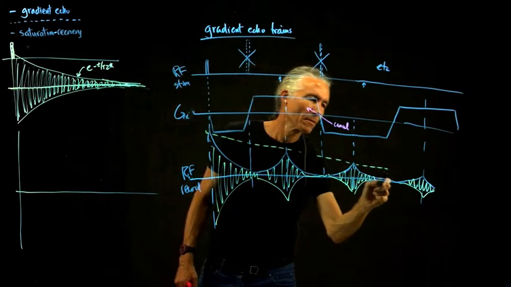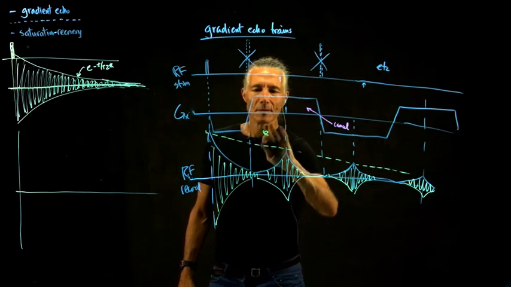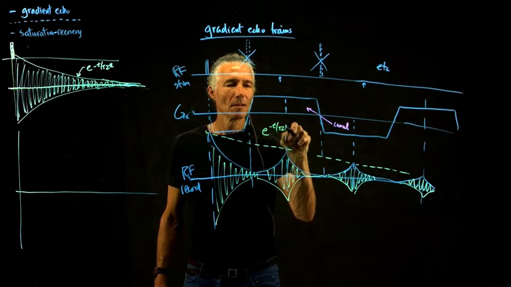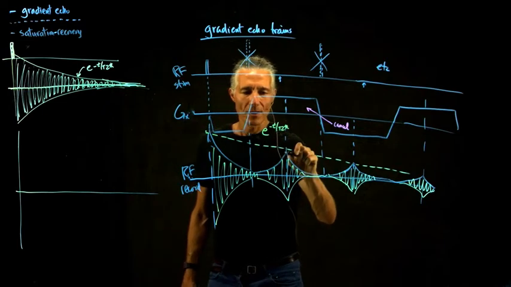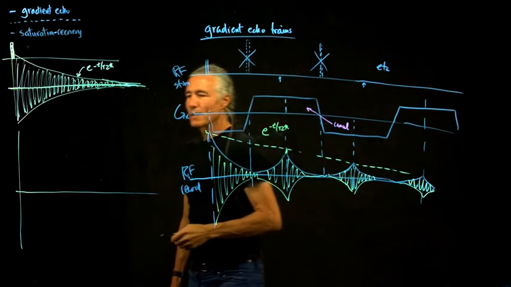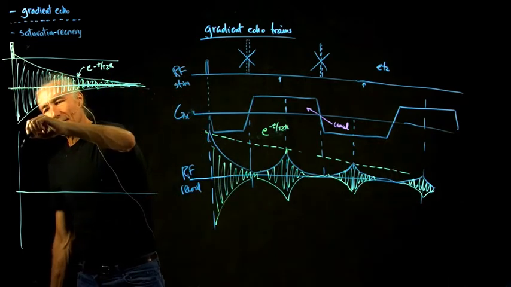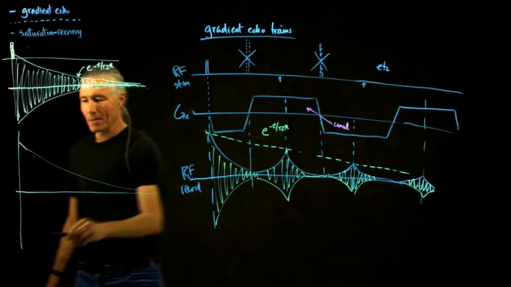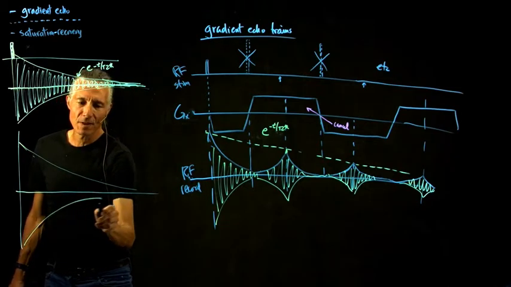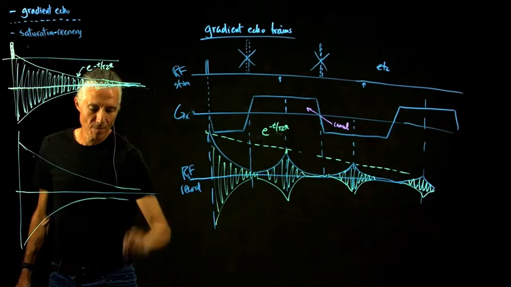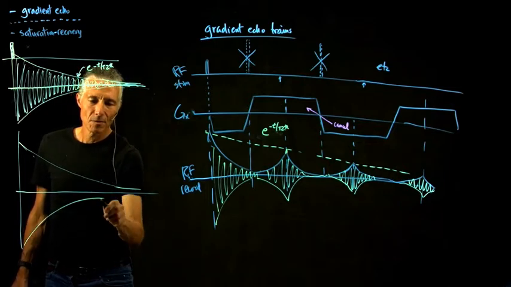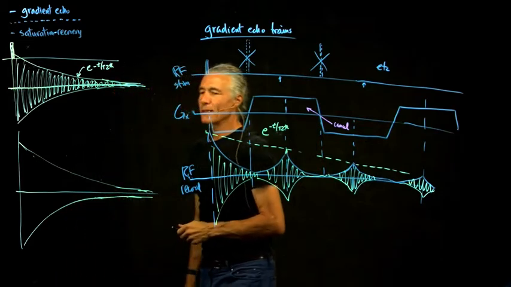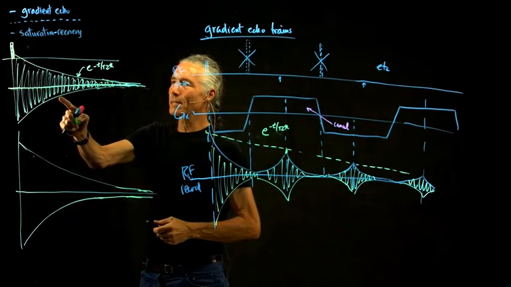This is the e to the minus t over T2 star curve that you're getting up to. So here's that curve that you're getting up to, like that. Every time you fix the damage from your gradient. And so for something like an EPI scan, there'll be 64 echoes in just this little space.